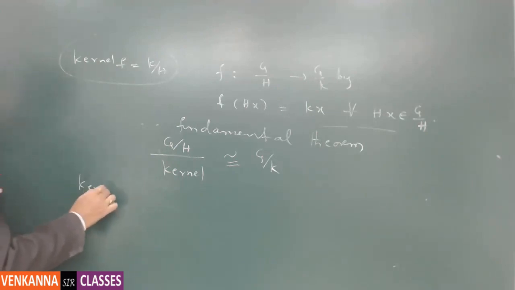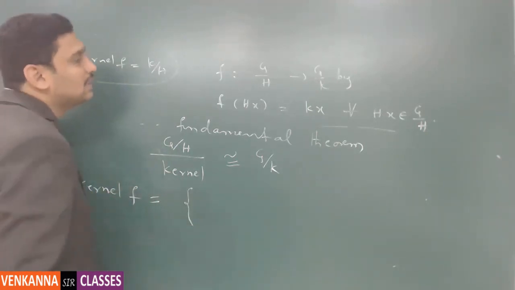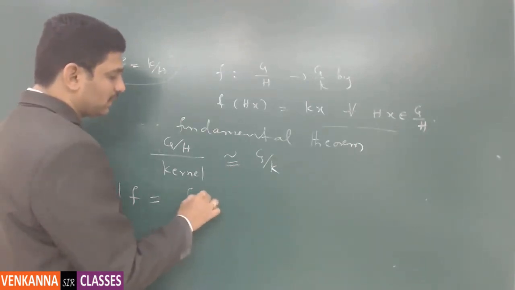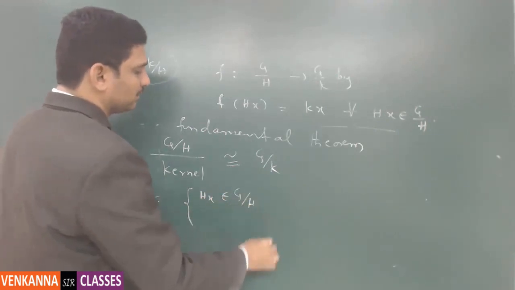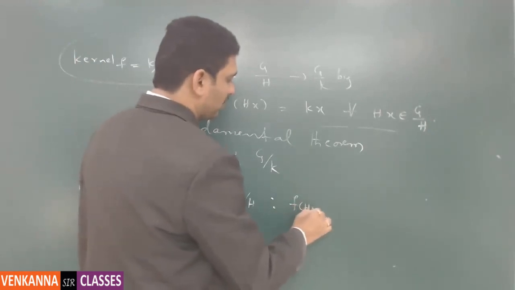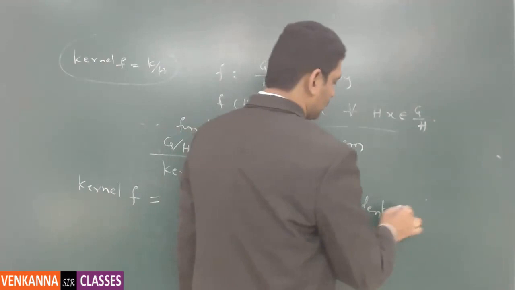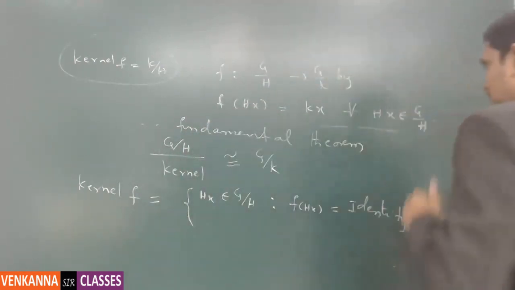If you write the definition of kernel f, it is the set of all elements in the domain. So, the set of all Hx belonging to G/H such that f of Hx is equal to the identity in G/K.